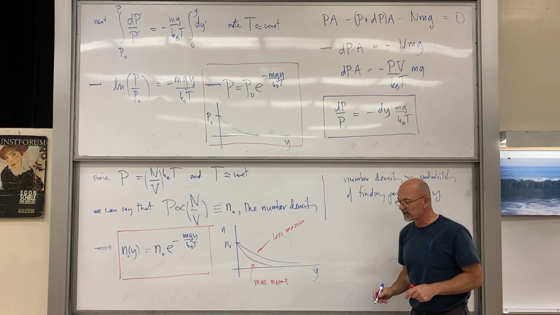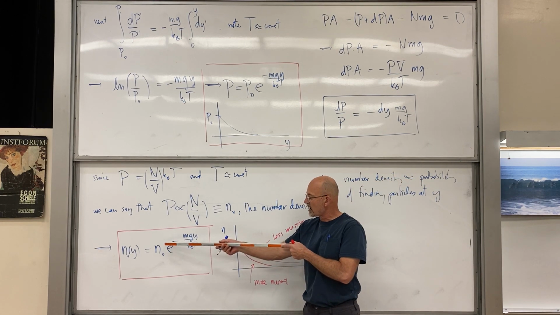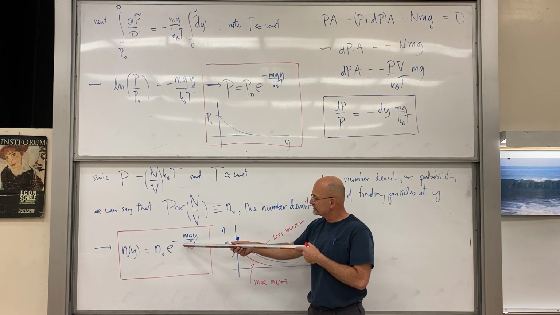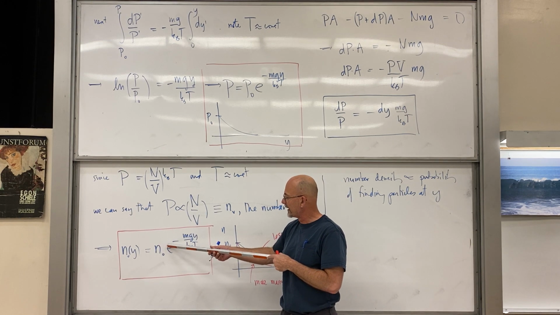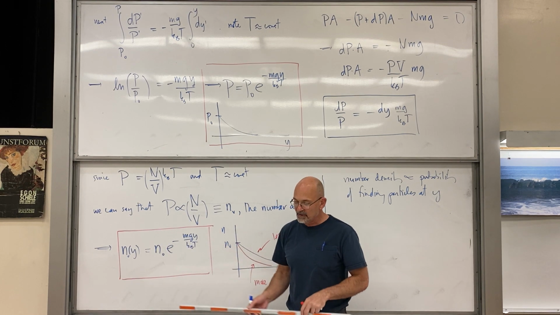And since we can interpret that as being proportional to a probability distribution, we can ask what is the average elevation. So let's go ahead and do that.